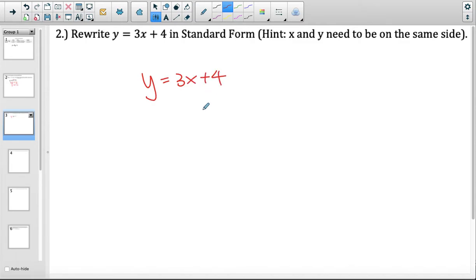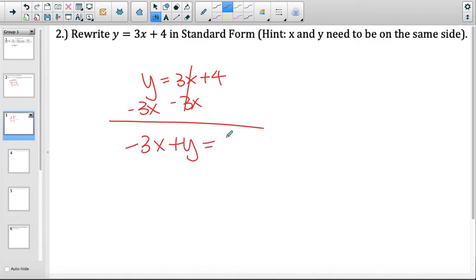So there's only one step involved. I need this 3x over on the left side. So if I want to move that term, 3x, I need to subtract it over. So it cancels over here like I'd like. Now these are not like terms, so I'm simply going to rewrite it as negative 3x plus y equals, and what I have left here is 4.